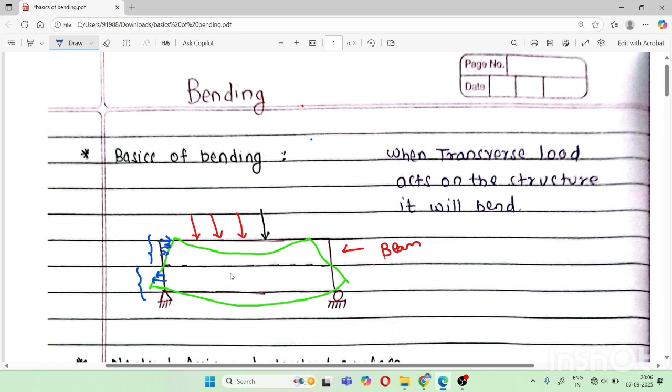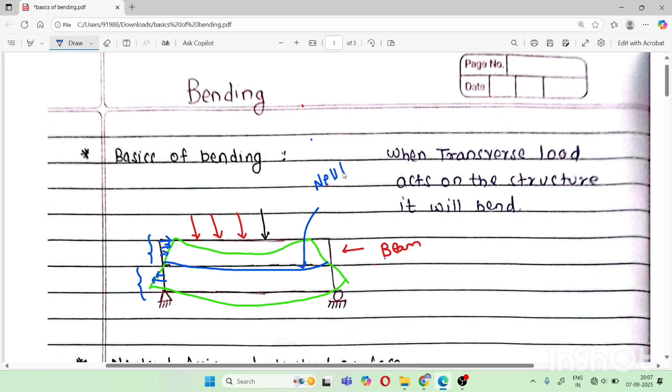But very importantly, there exists one plane which is not going to be in tension and not going to be in compression. That means the length of that fiber is going to be the same, and the area in that plane is also not going to change before bending and even after bending.